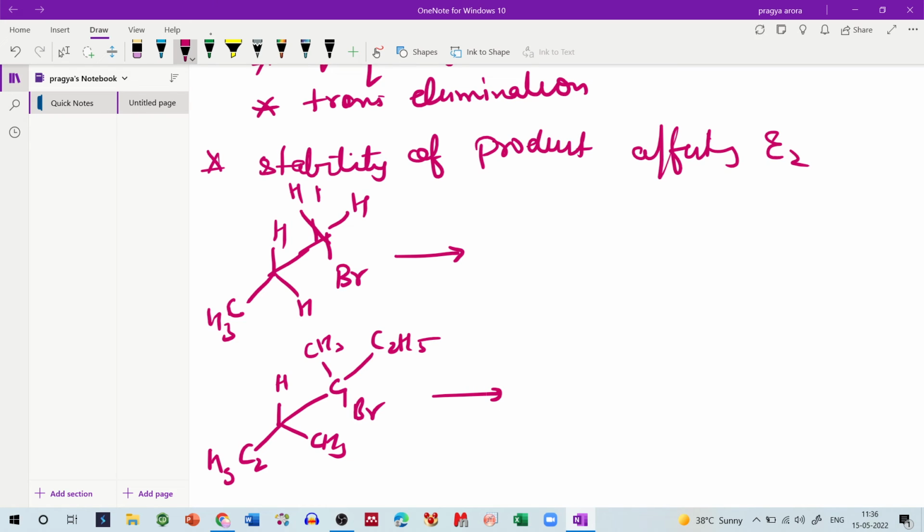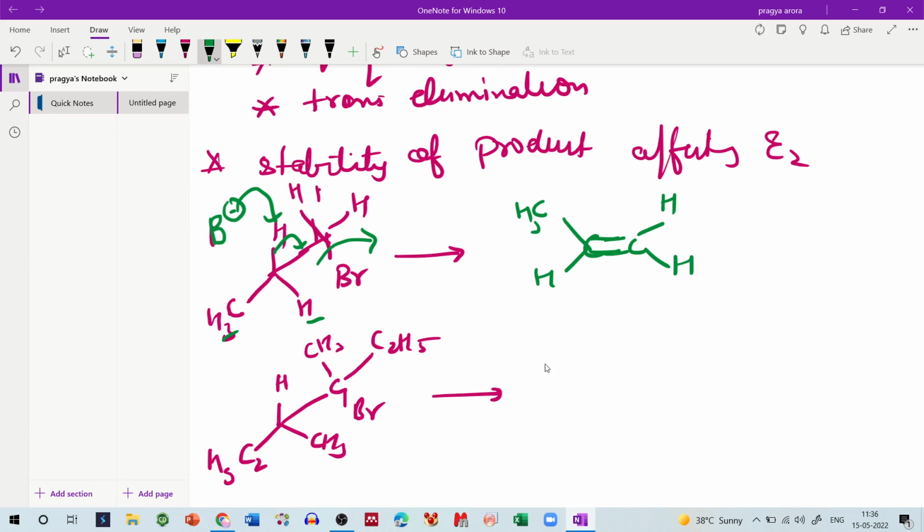Now in both cases, a nucleophilic base comes and abstracts this proton, the electron density moves in between the two carbons, and the bromide leaves. The alkene product in the first one is CH3, H, carbon, carbon double bond, then two hydrogens.